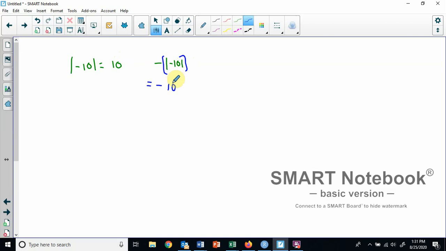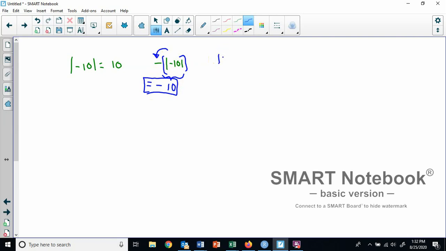It is +10. So that's what this equaled. Now, this negative was outside the absolute value. So order of operations tells me I do what's inside the absolute value, and then I happen to have this negative floating there. So if there is a negative outside the absolute value, yes, I can get a negative answer. The absolute value part came out to +10, but the negative is tagging along for the ride.